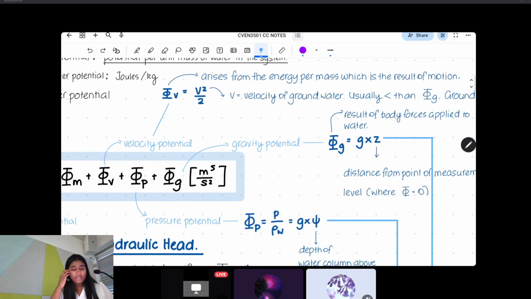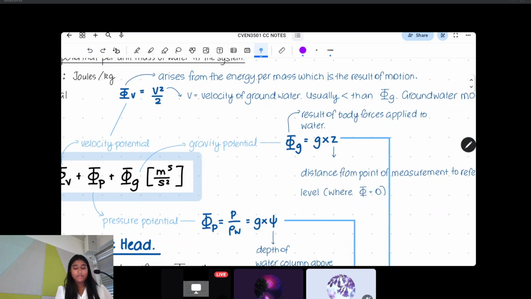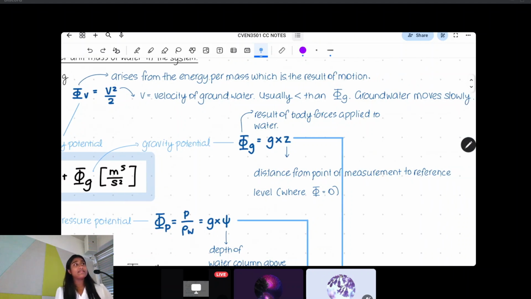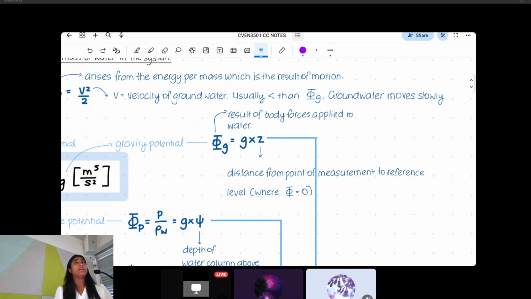That basically comes from the energy per mass which is provided by motion. So if water is moving, then energy is, I guess, added to it, right? So V there is the velocity of the actual groundwater, which is usually less than the potential provided by gravity, right? Because groundwater moves really, really slowly because it can only move through open pore space.